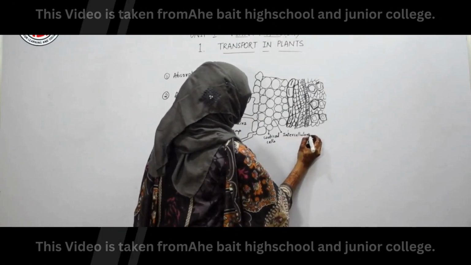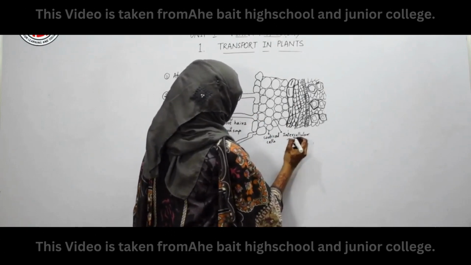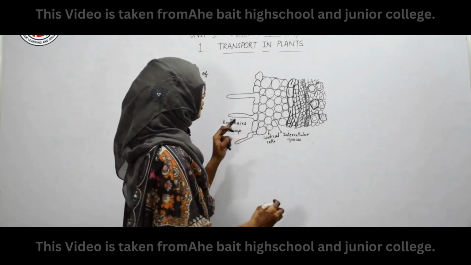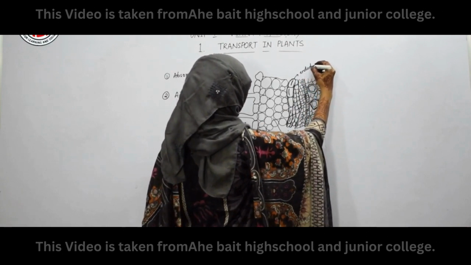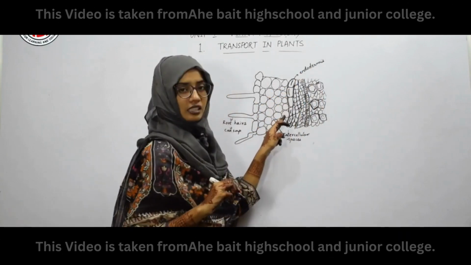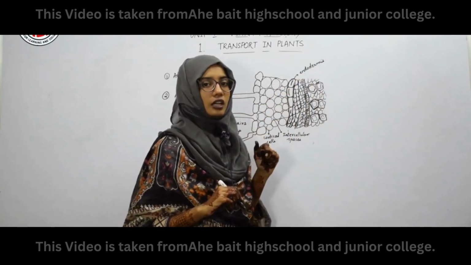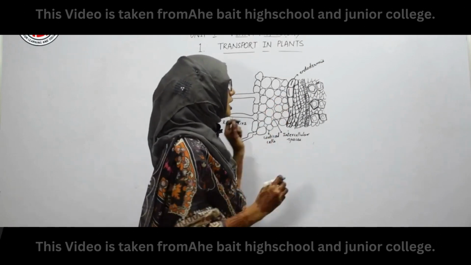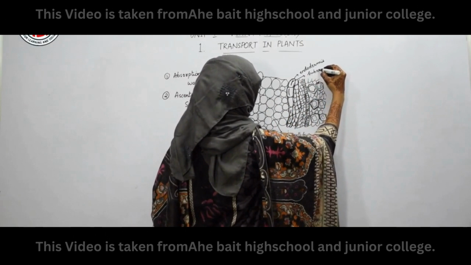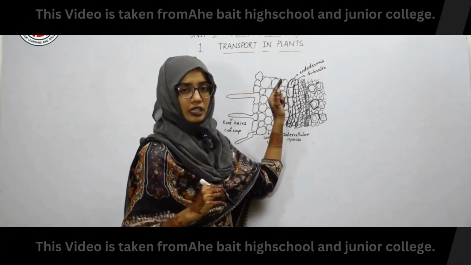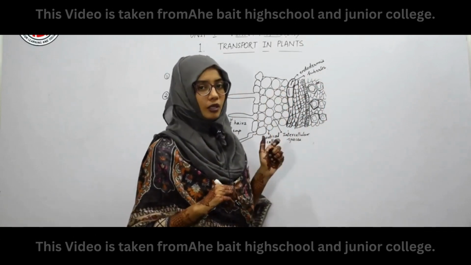and these spaces are called intercellular spaces. Next to the cortex, one layer is present which is termed the endodermis, and this layer of cells shows some thickening in the walls of the cells, and these thickenings are composed of a material called suberin. Suberin is a material which is impermeable to water.